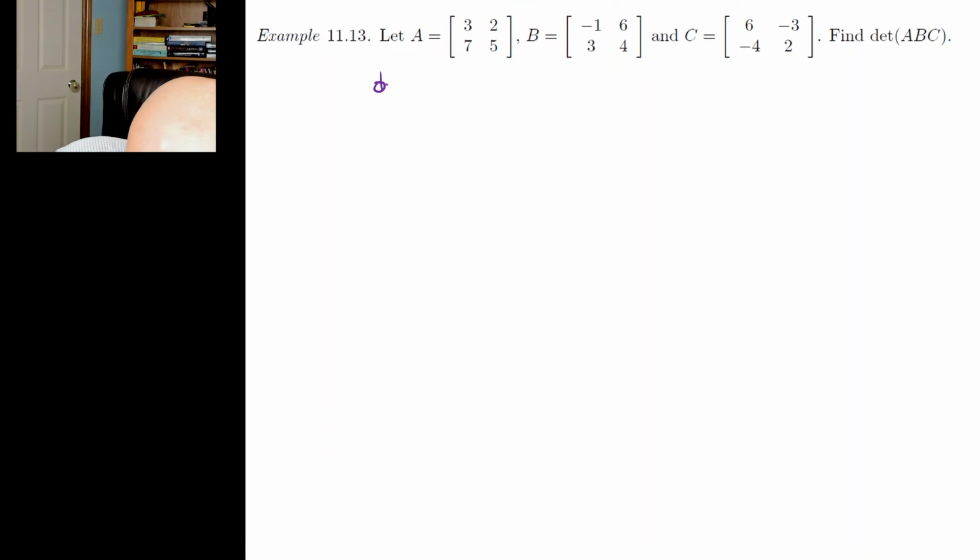So the determinant of A is equal to 3 times 5, 15, minus 7 times 2, 14, which is 1. The determinant of B is equal to -1 times 4, -4, minus 3 times 6, -18, so -22.